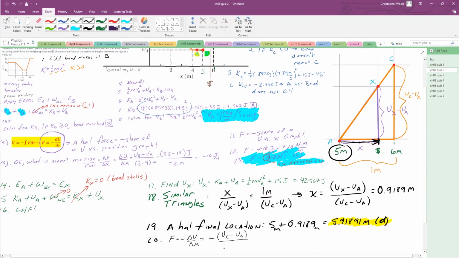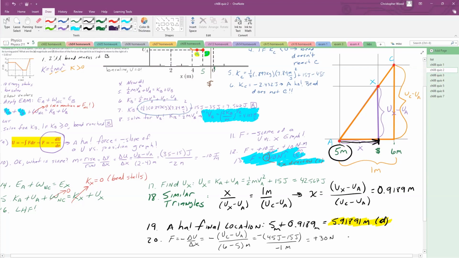My X final is 6 meters. My X initial is 5 meters. U sub C is given to me as 45 joules minus 15 joules, all over, and I can't forget this negative sign, all over -1 meters. So if I keep track of these negative signs carefully, I have positive 30 newtons.